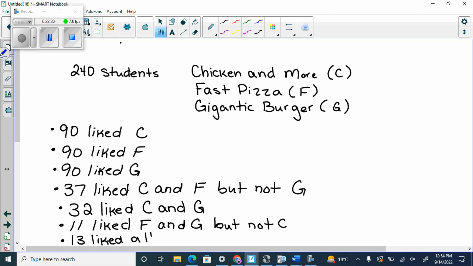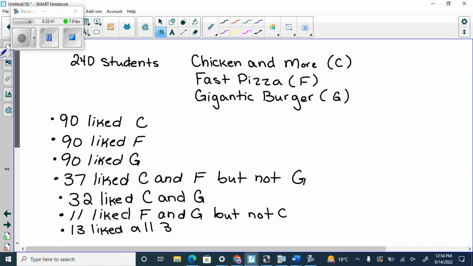Now remember I told you when they're just plain old amounts like chicken and pizza or burger and pizza, whatever it may be, right? If it's the ands or the ors or anything like that, you're going to have to subtract, correct? When is the only time you're not going to have to subtract?